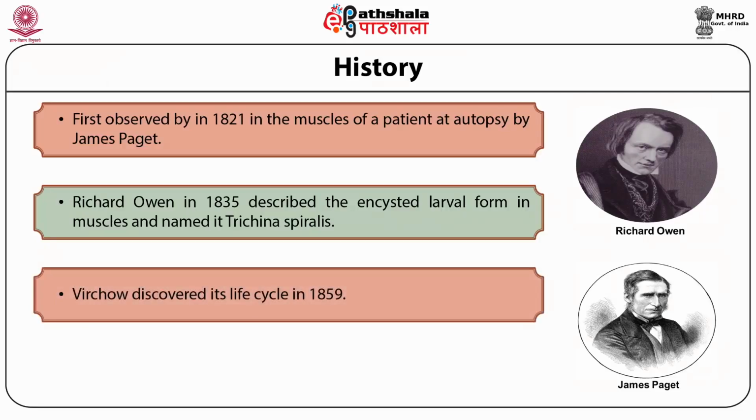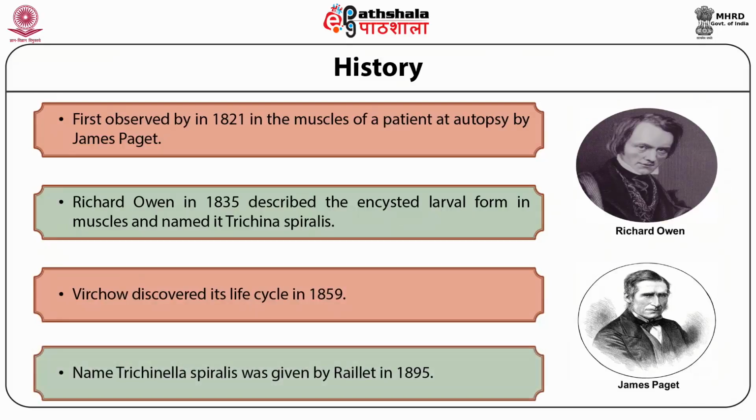Virchow discovered its life cycle in 1859. The name Trichinella spiralis was given by Railliet in 1895. Trichos meaning hair, ella meaning diminutive, and spiralis refers to the spirally coiled appearance of larvae in muscles.